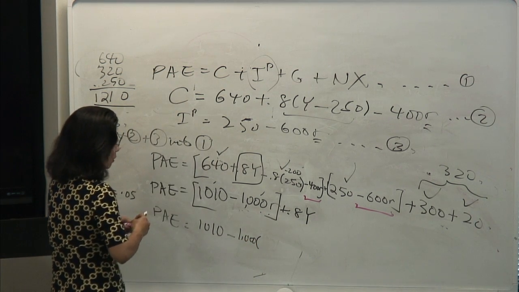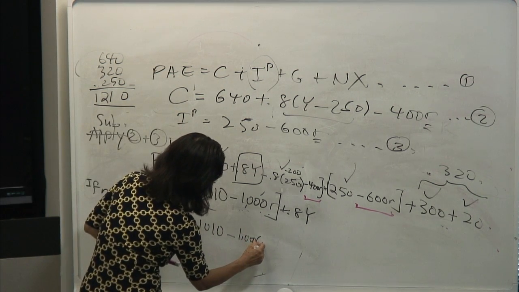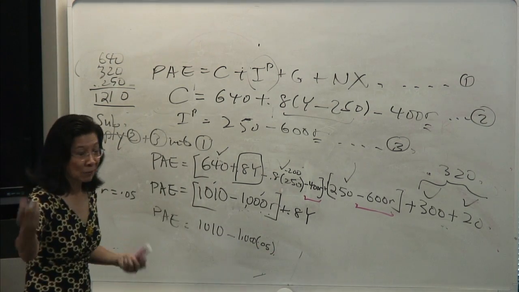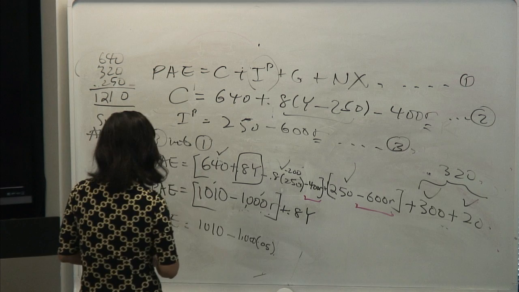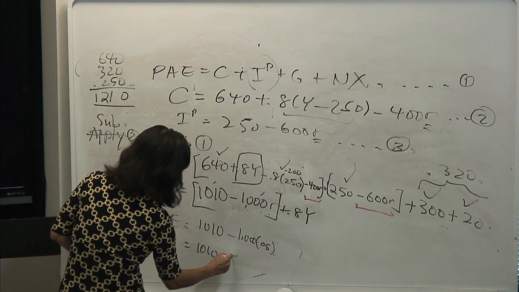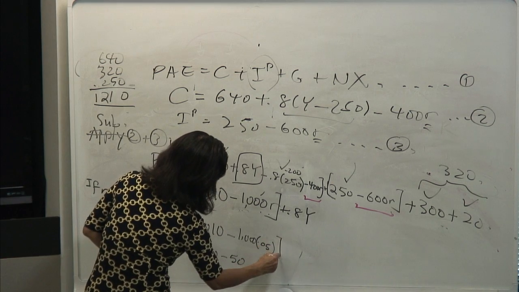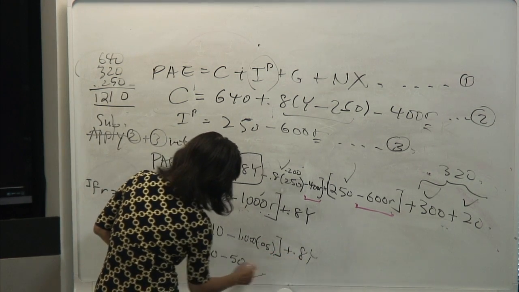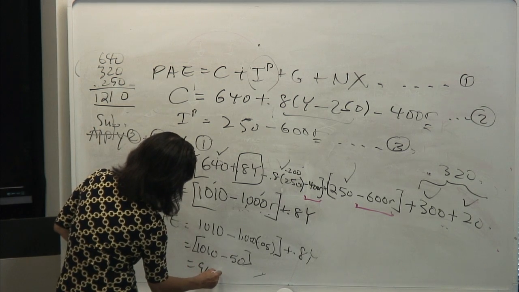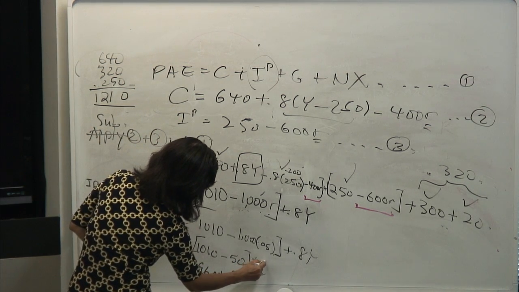What's 5% of 1,000? 50. So somebody tell me what is 1010 minus 50? Right, so we're back to our old friend, which is 960 plus 0.8Y.